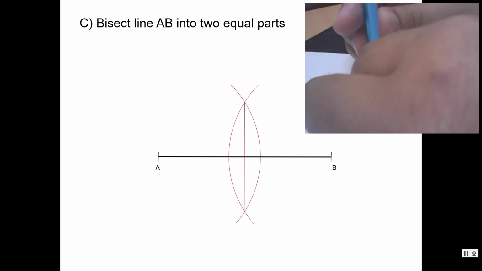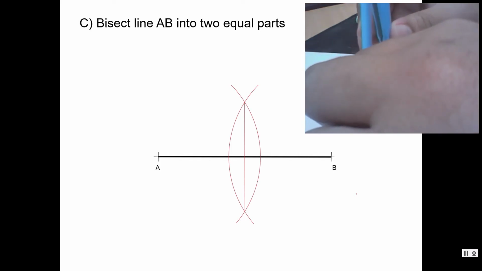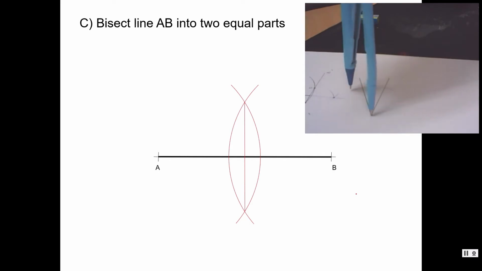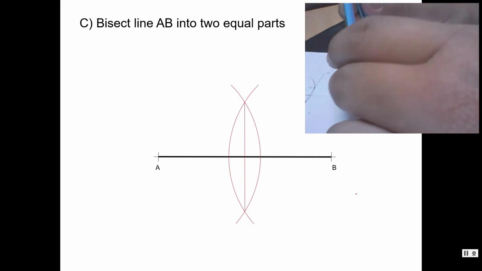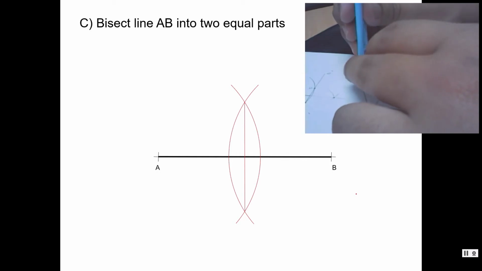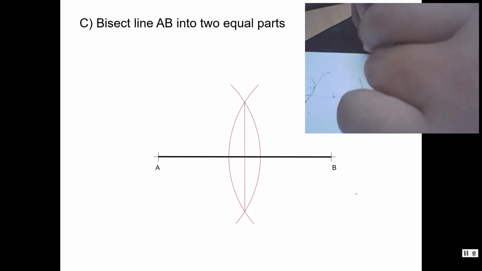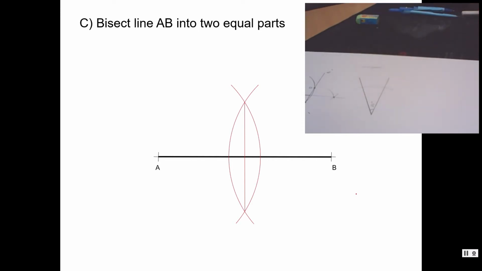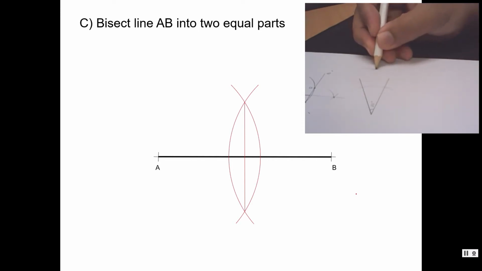again from here, you just draw any distance to draw one circle. Okay, after that, from this point draw another circle, and then from this point draw a circle, and from this point you draw a circle and see where the point is here.